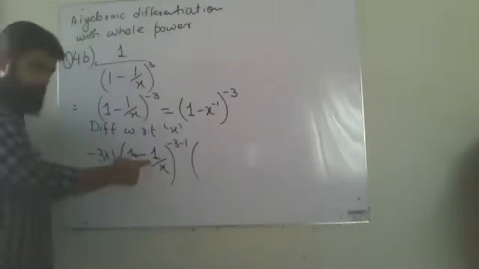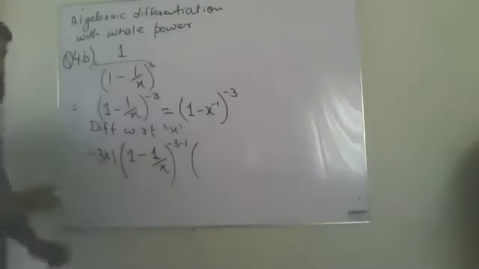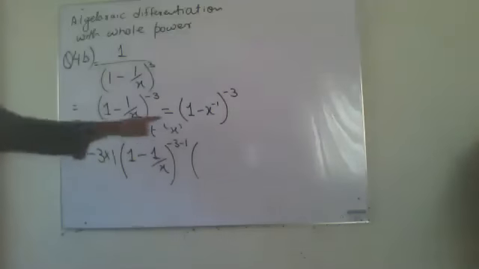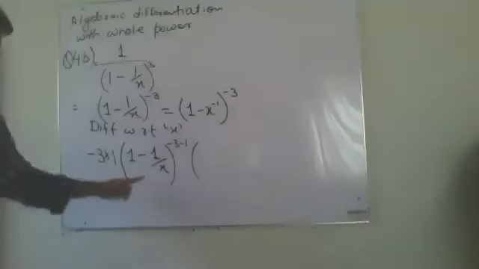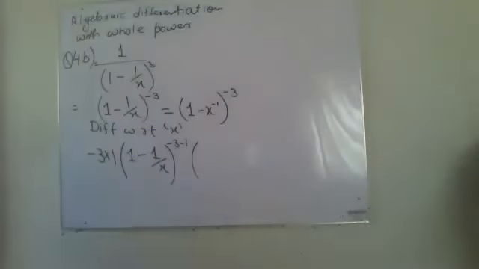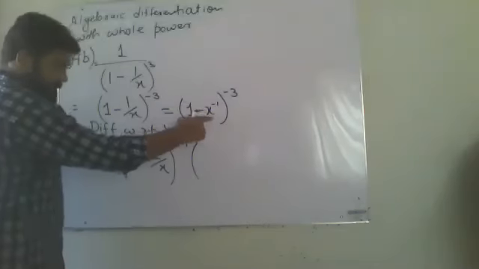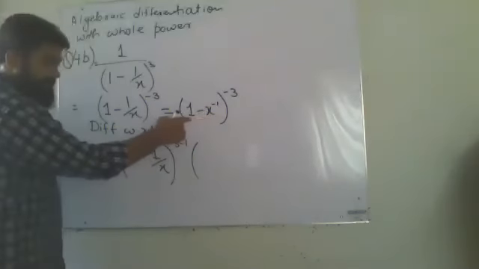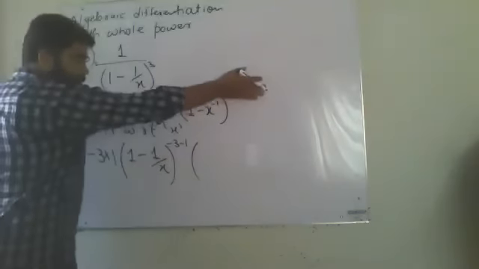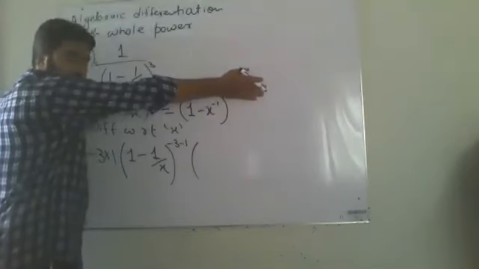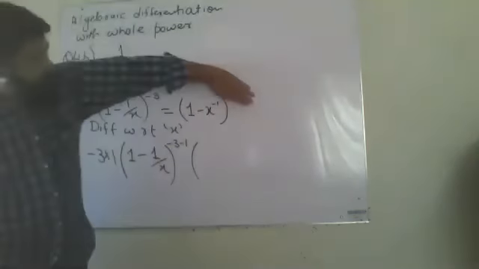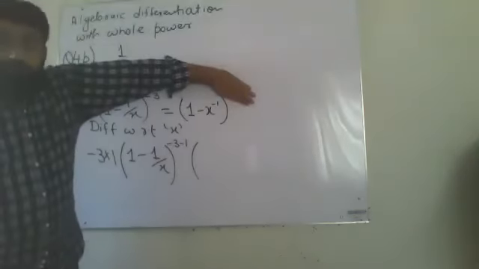If you don't want to change it, you want to keep it in this form, that's also okay. Because we are differentiating this thing, not this one. That's your choice. Okay? So, differentiating this. Now I'm differentiating whatever is inside the bracket without considering my whole power. My power is now gone for me because I have differentiated it.